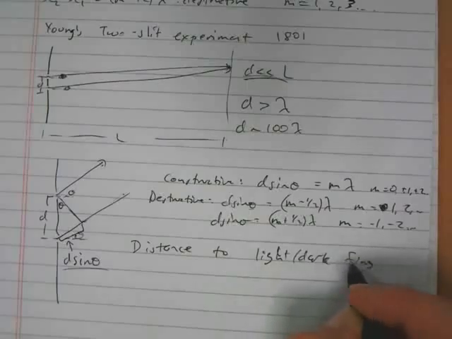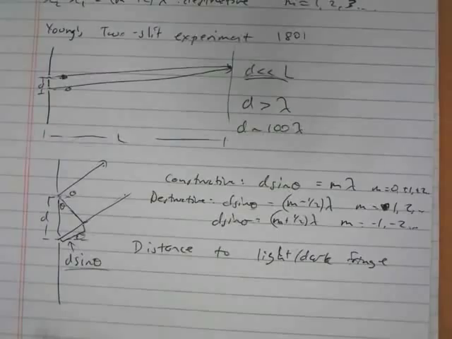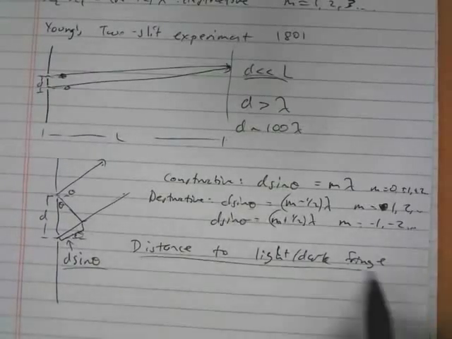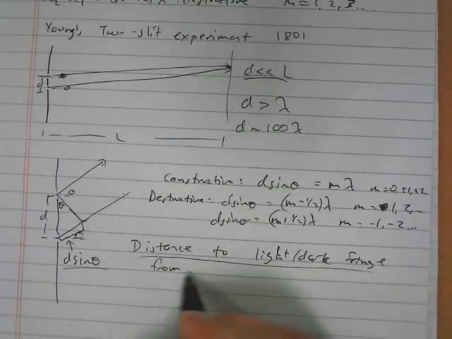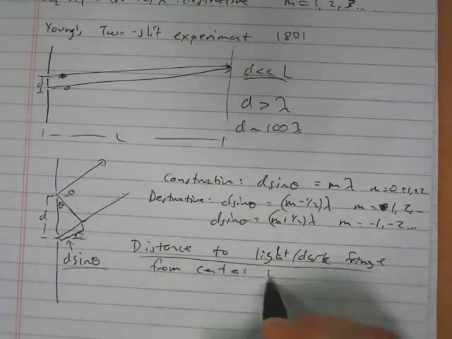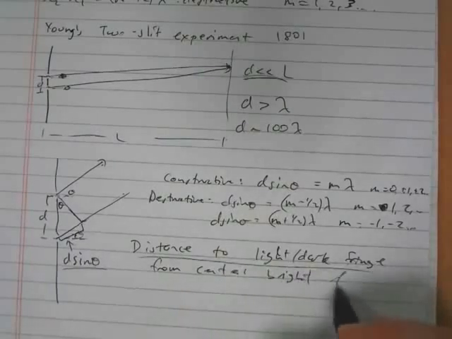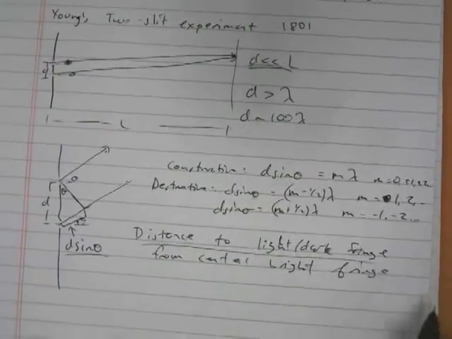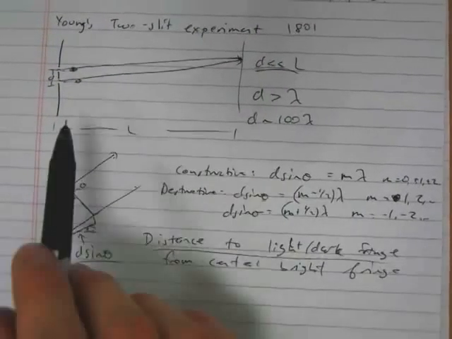And when they're saying this is the distance, this is always going to be the distance from the central bright fringe. And for that you need to know how far the slits are from the screen.